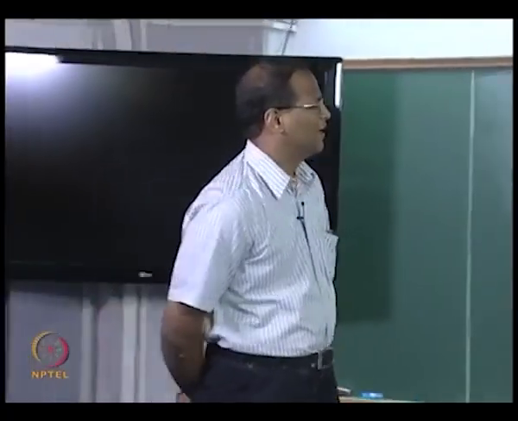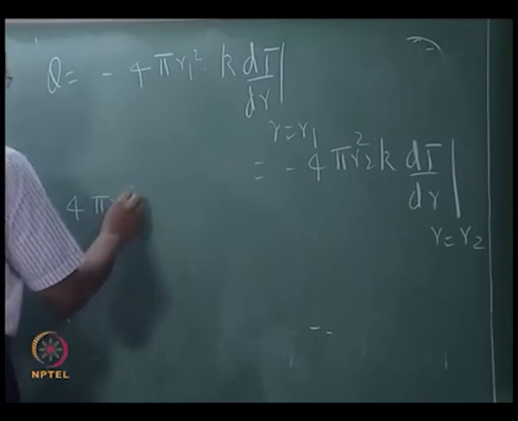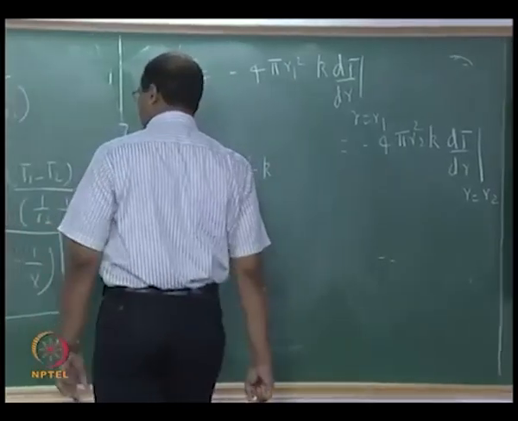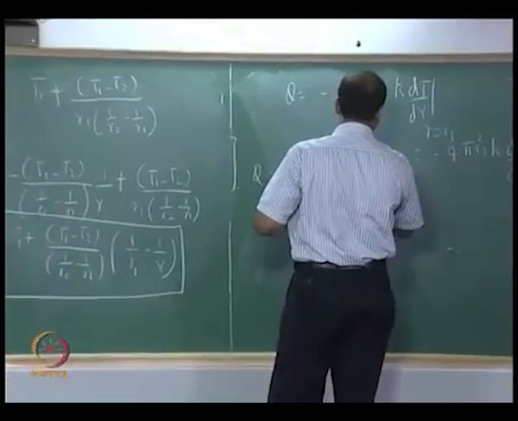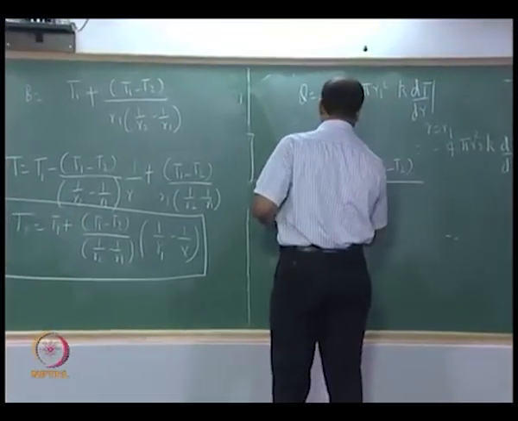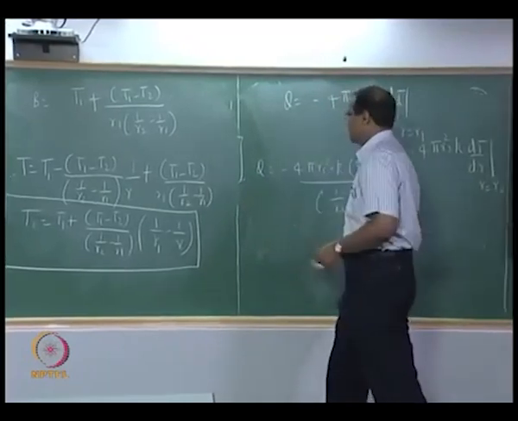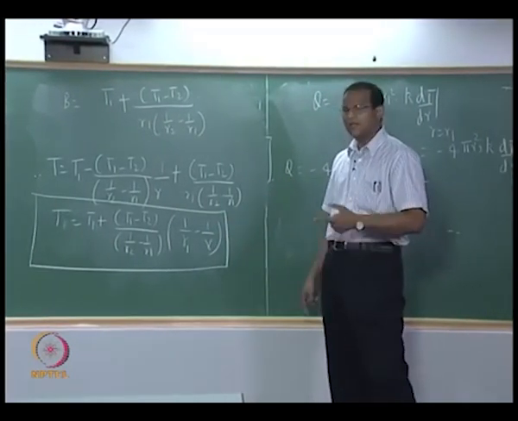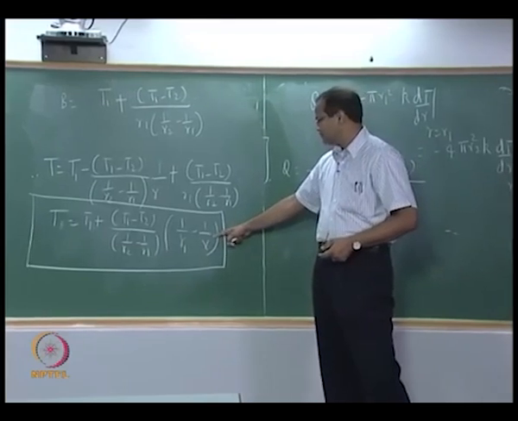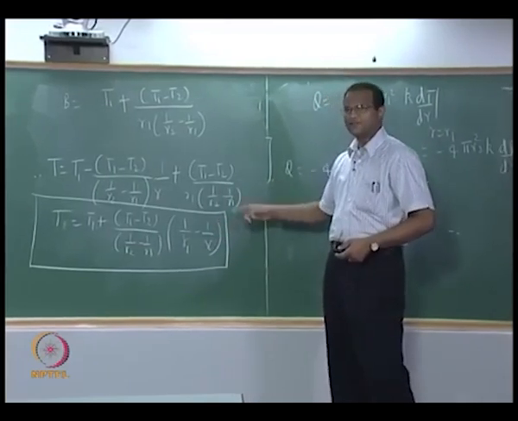Now let us take K dT by dr at R equal to R1. So Q equal to, what is dT by dr? Let us keep this. So this term will get knocked off. So it is minus 1 by r squared.